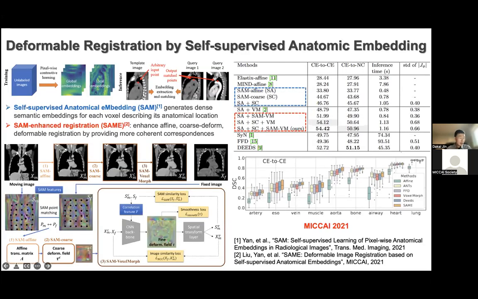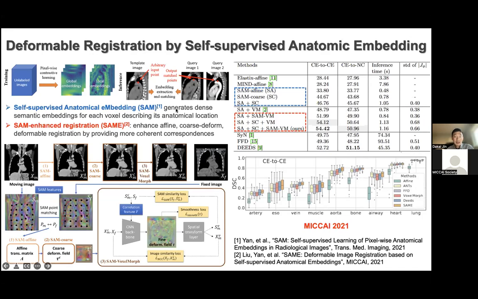So here I briefly mention one of the recent works in MICCAI 2021, which developed deformable image registration using the self-supervised anatomic embedding. This work is based on a novel work called SAM, the self-supervised anatomic embedding work published in TMI 2021.